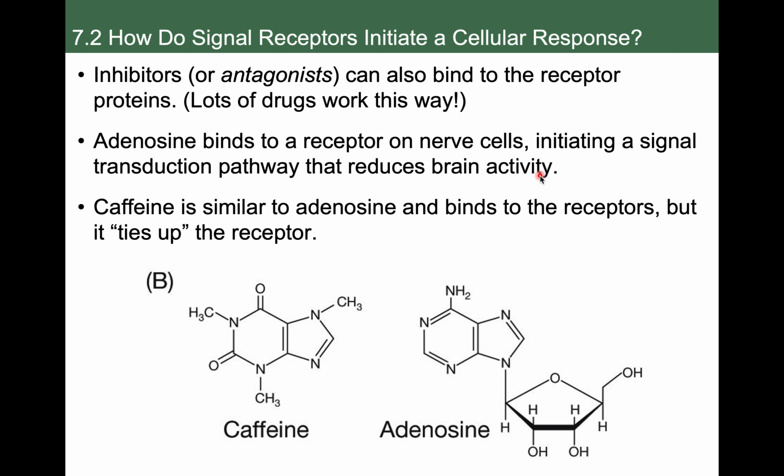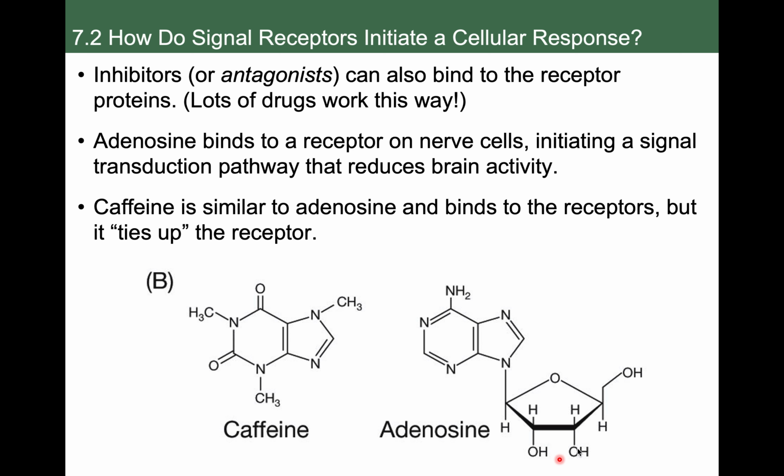Just to give you one simple example, most of us probably take in some caffeine most days, and caffeine is one of these ligands. It binds to a receptor on your cells, and basically blocks the receptor from being able to bind to its normal ligand, which would be adenosine.